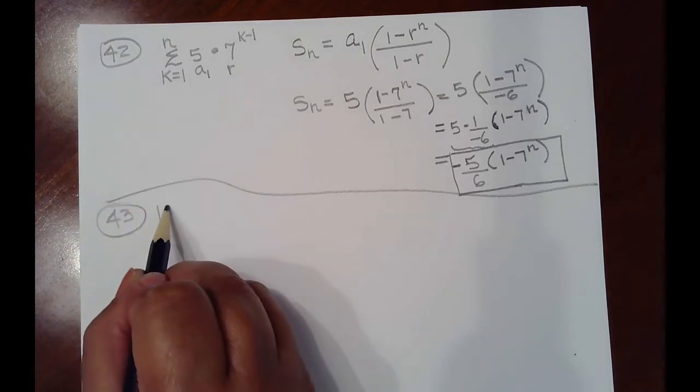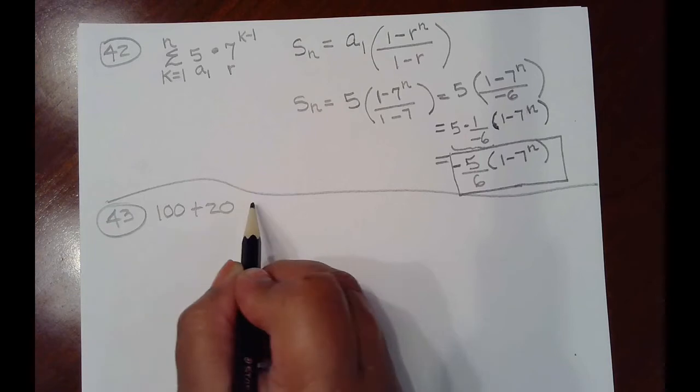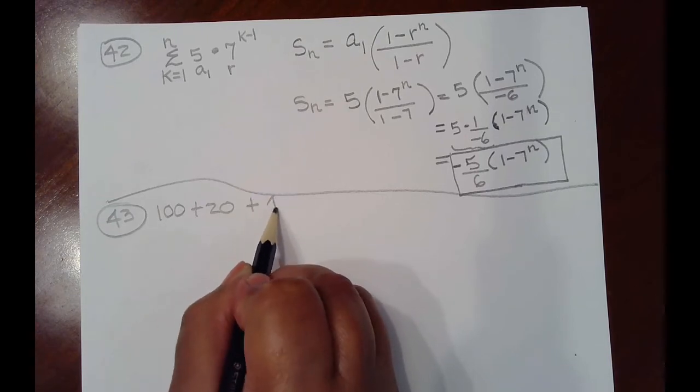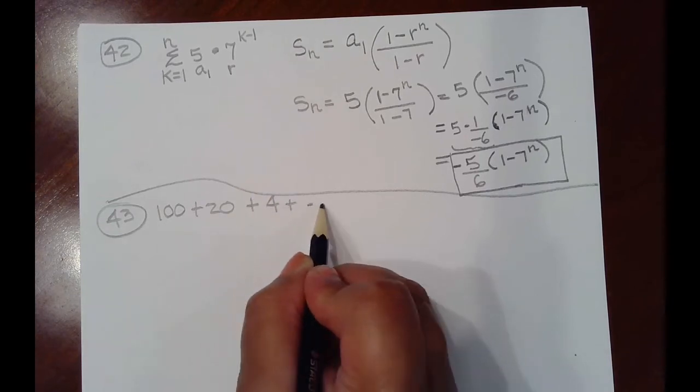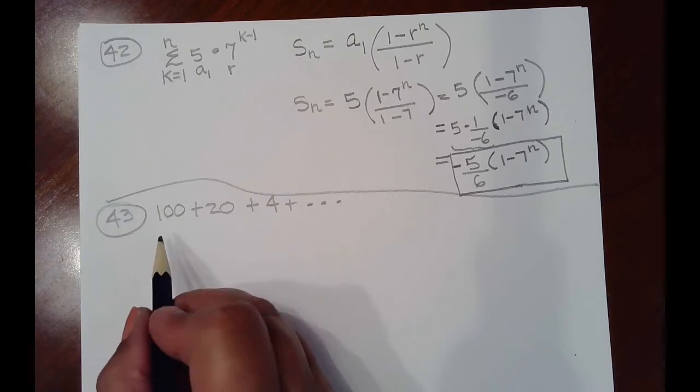So you have an infinite series indicated to you like this, and it goes on and on, meaning it goes off into infinity. So in problem 43, first of all, you want to see if there's a repeating R value in this so-called geometric series.